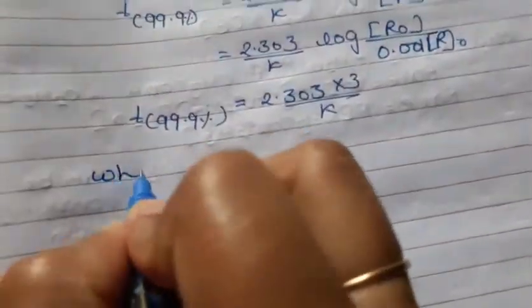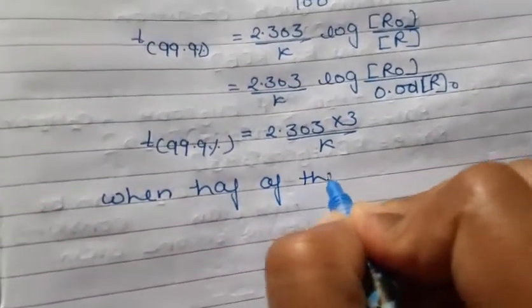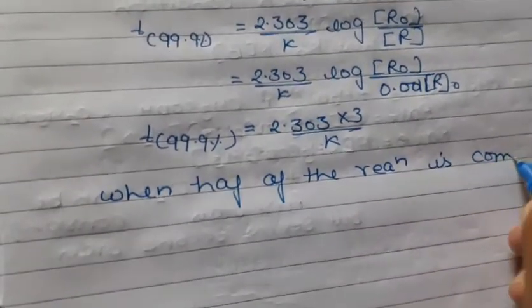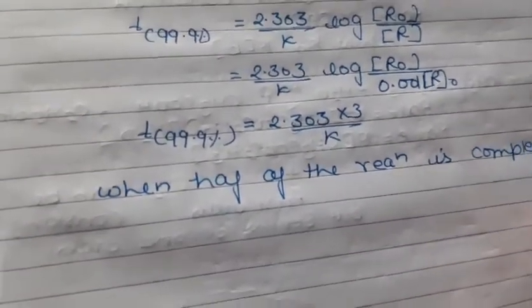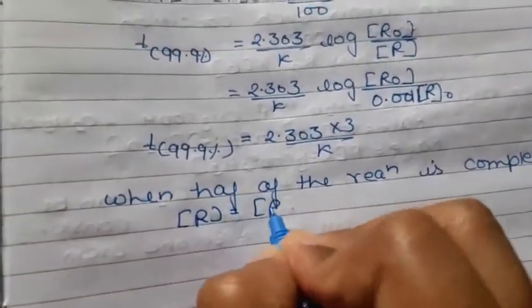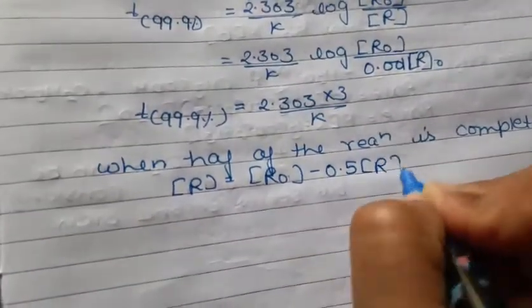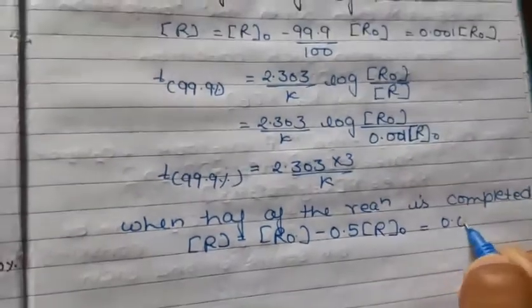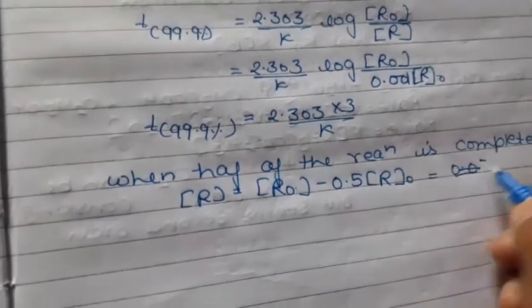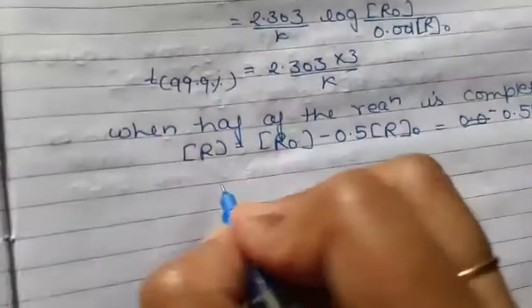Now when half of the reaction is completed, students, R equals R naught minus 0.5 R naught, that is 0.5 R naught.